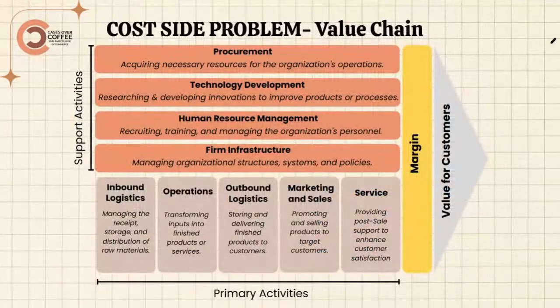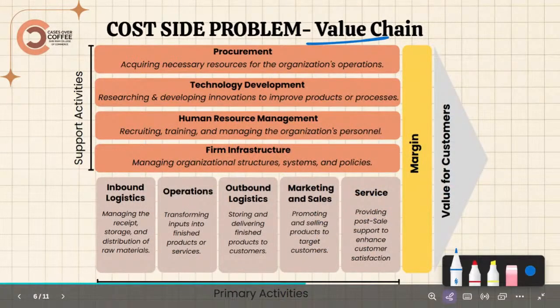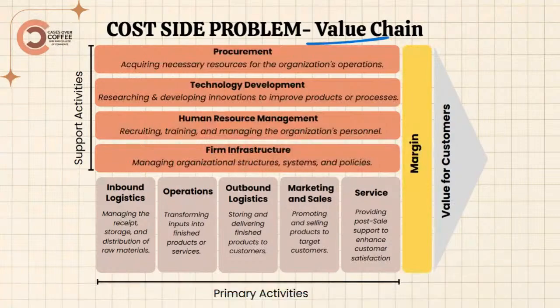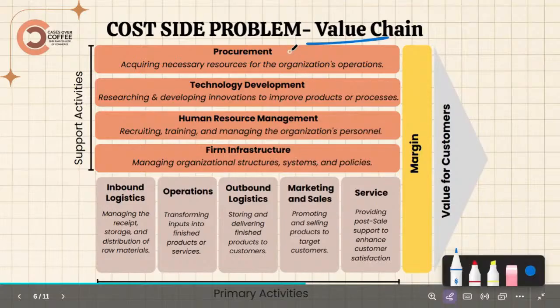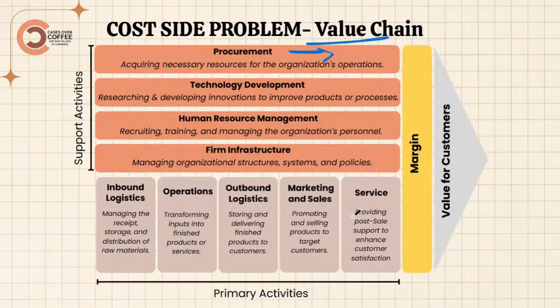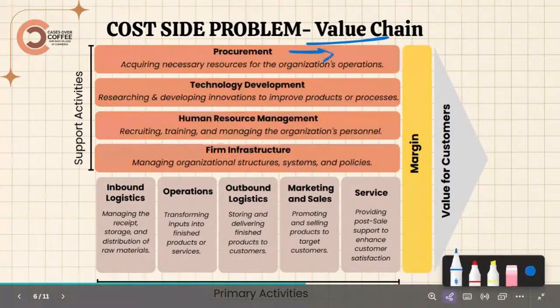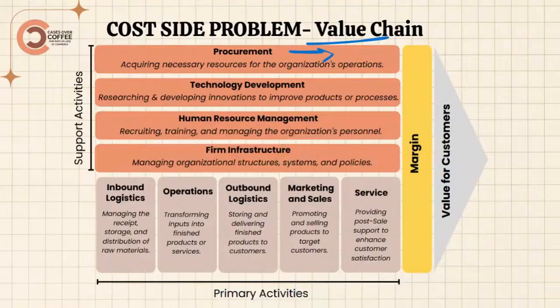Now there can be a possibility that the problem lies with the supply chain. What we usually try to understand in this case is that in the value chain we have the supply. The problem can be due to the supply, and in the supply chain we try to analyze the different activities.